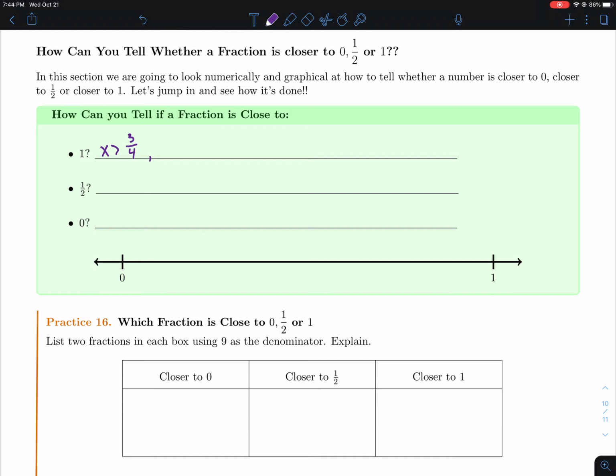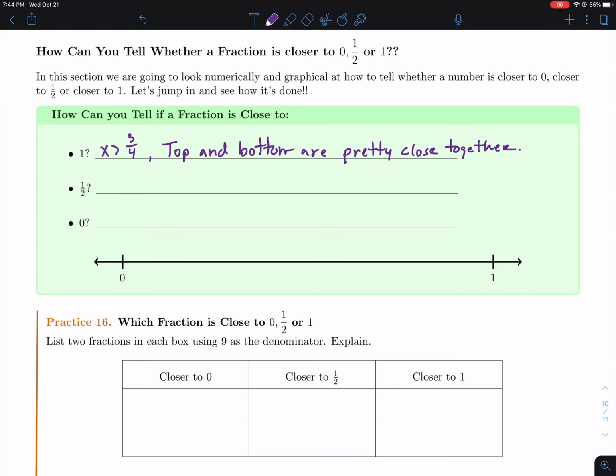So for example, 7/8, 5/6, 3/4, things like that. So the top and bottom number are going to be pretty close together. So again, like 11/12, 10/12, things like that, where there's not that much difference between the top and the bottom.